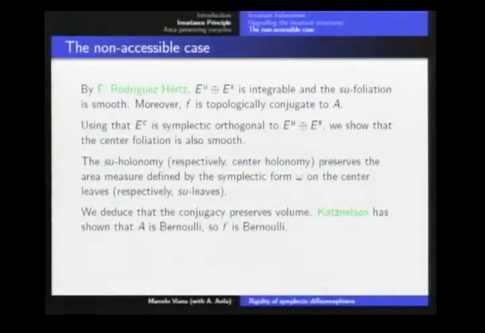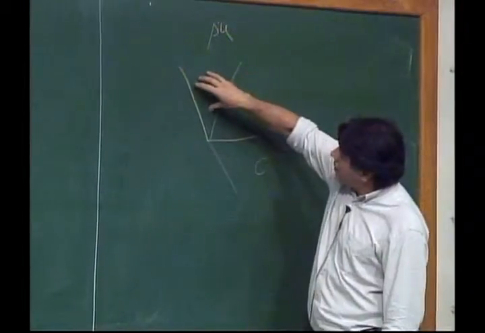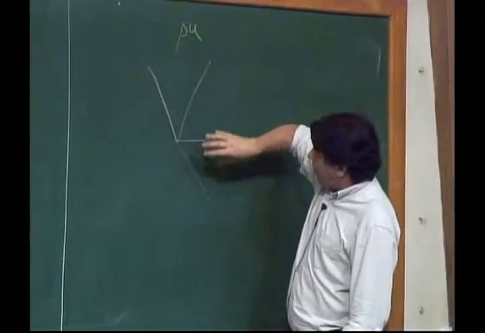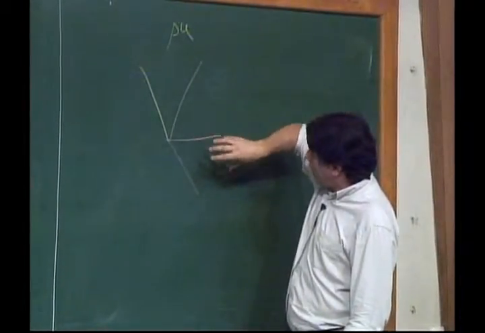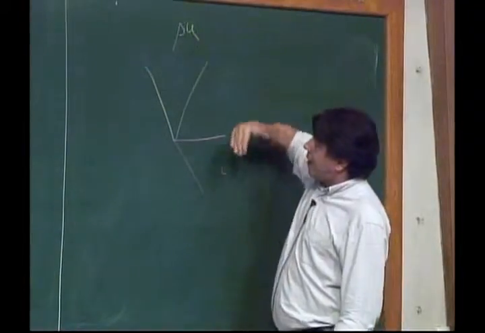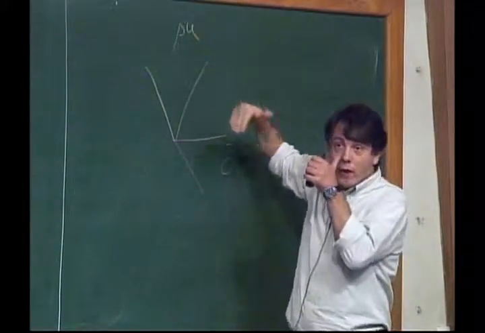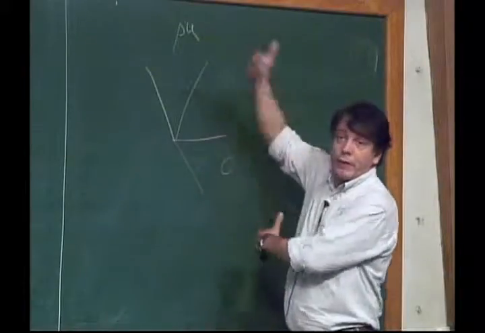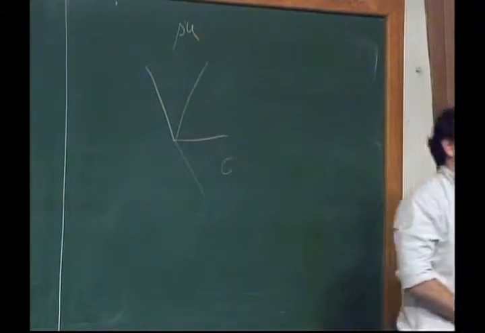They're both two-dimensional. The symplectic form is non-degenerate on each one of them, so it defines an area on SU leaves, and it also defines an area on center leaves. And these leaf-wise areas are preserved by the holonomies of the complementary foliation.